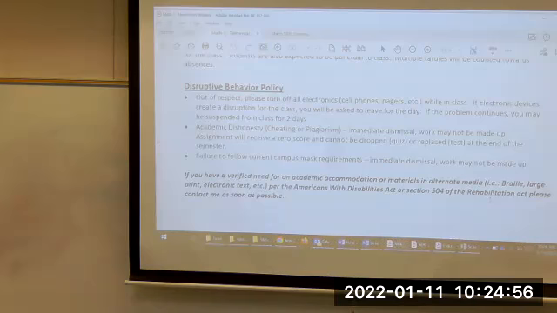If you have a verified need for accommodation of materials in media, braille, large print, electronic text, etc., for the Americans with Disabilities Act or Section 504 of the Rehabilitation Act, let me know as soon as possible. If you have a learning issue and have never been diagnosed, or if you already know you're a DSPNS student, make sure you connect with Tracy in the DSPNS office, in the station building, to the back, the second door.